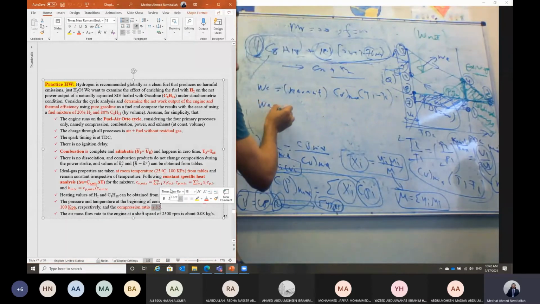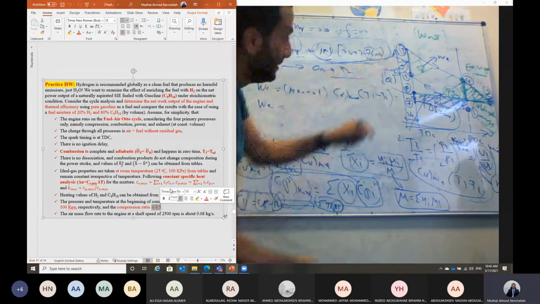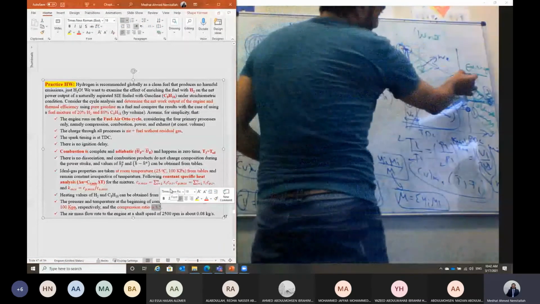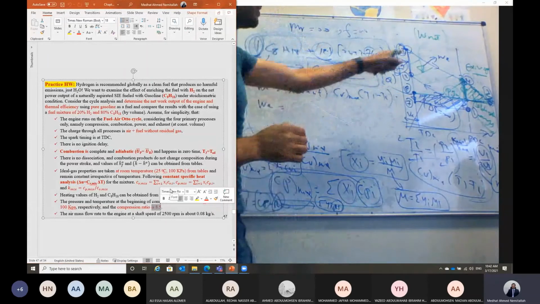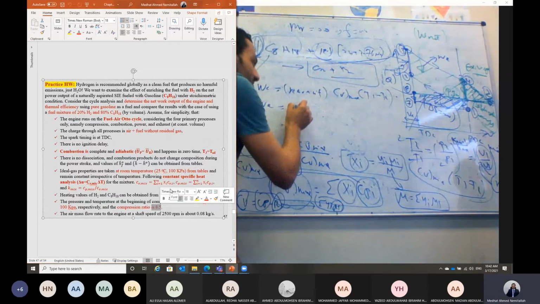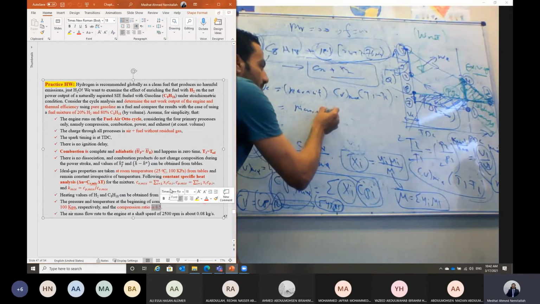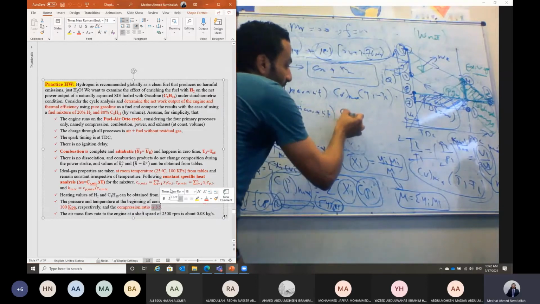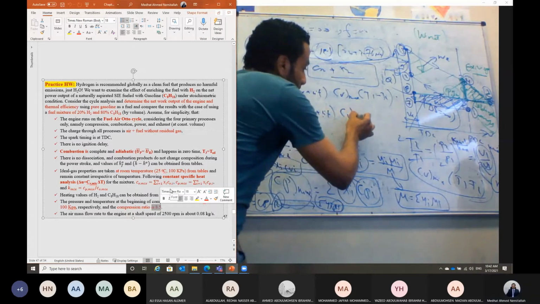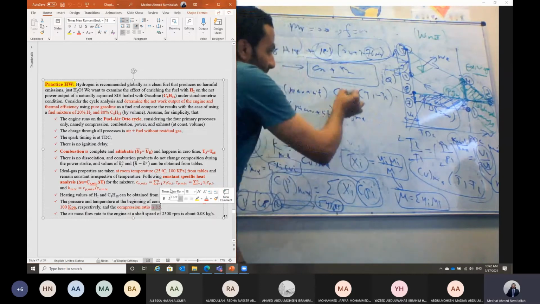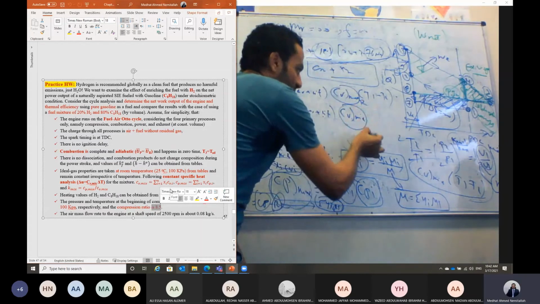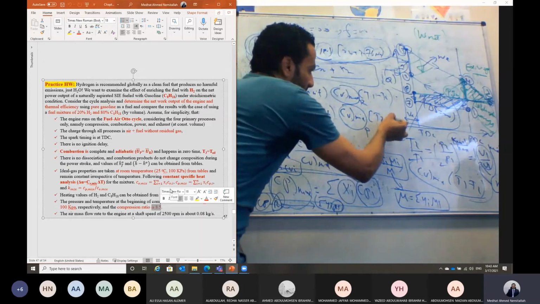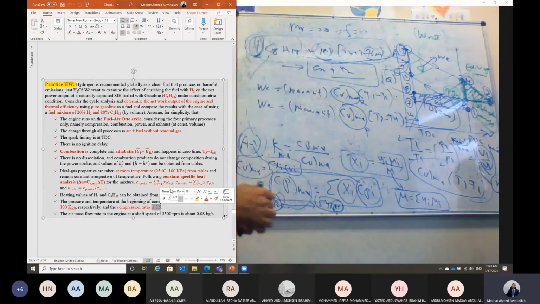And the expansion work similarly, but the expansion will be of the burned gases. The mixture in this case will be the combustion product for the process from 3 to 4. But still the charge is m dot air plus m dot fuel multiplied by CV for the mixture. Here this mixture is the product, multiplied by T3 minus T4.